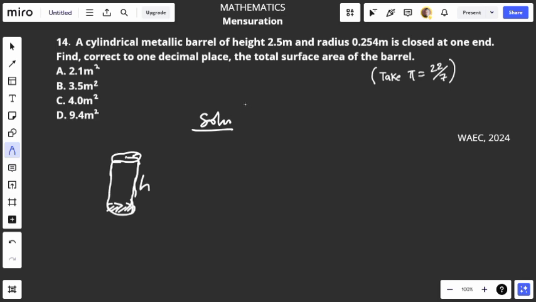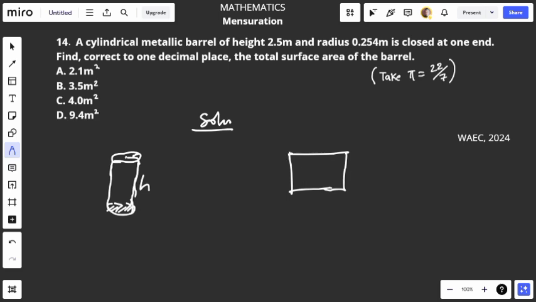Now we are being told to find the total surface area of the barrel. Area has to do with the plane space that a shape takes. Take for instance a rectangle: its area is the plane space the shape has taken.